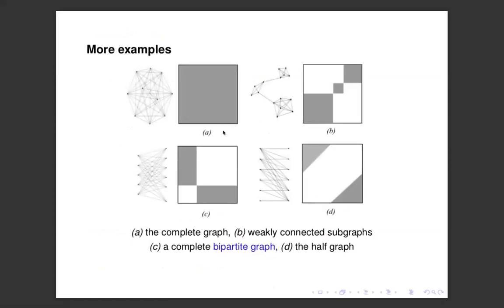So here are other examples. If you have a complete graph, so every point is connected with all other points, the W is just identically 1. Here we have weakly connected subgraphs, so we have squares on the diagonal, where we have 1 where everything is connected with everything. Here is a bipartite graph and a half graph that are pictured here. I hope you can see them.